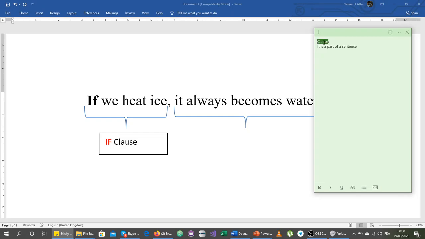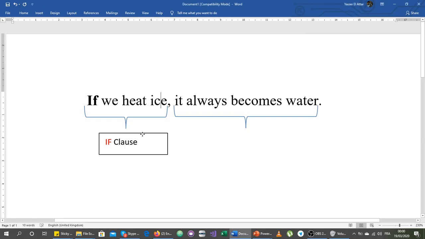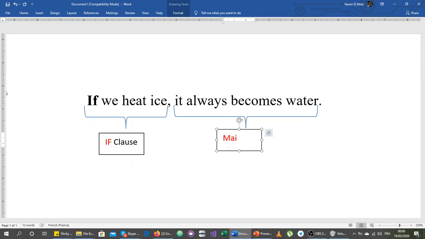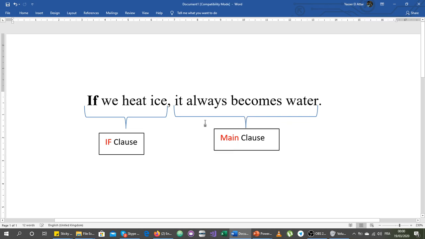Okay, so this is what it means, a clause. And this part of the sentence we call it the if clause. And we have the second part, which is this one, we call it the main clause.